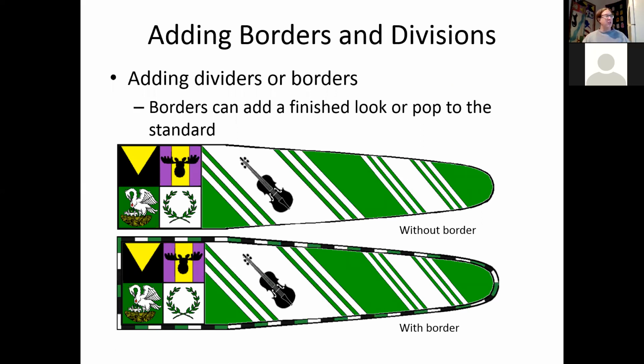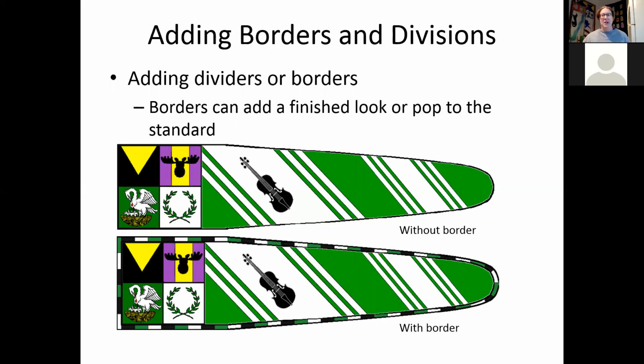I strongly recommend adding borders to your standard, even if you don't have a border on your device. If you have a border on your device, it's almost a no-brainer. But if you don't, adding a border can still give it a super finished look, a lot of pop.